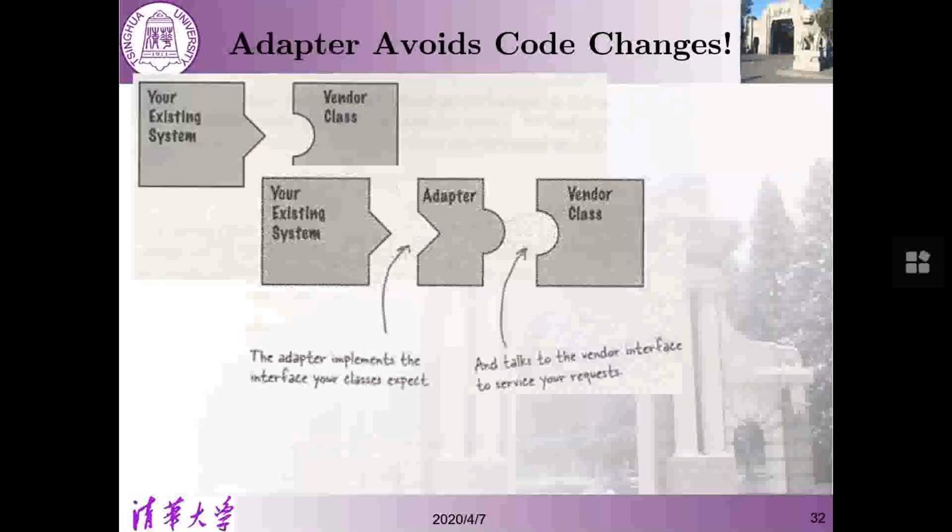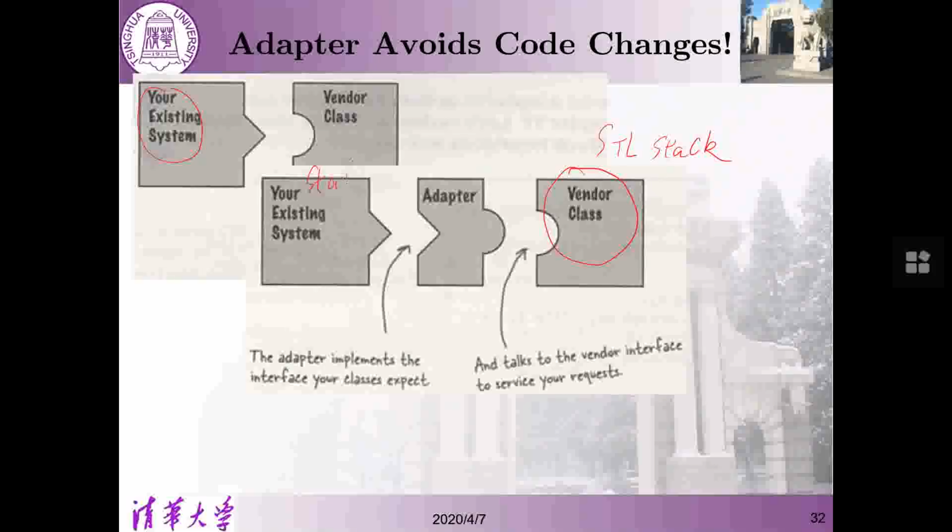We are adapting from our existing system. You have this vendor class, for example STL stack, and my existing system needs a stack.